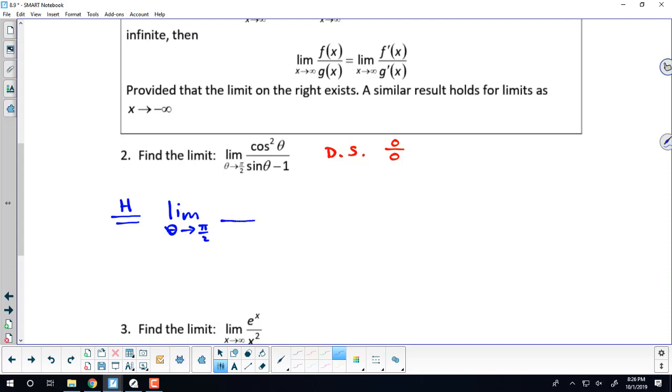We take the derivative of the top. What's the derivative of cosine squared? 2 cosine theta sine theta. So the derivative of cosine squared is 2 cosine times sine. Derivative of sine is cosine. Derivative of -1 is 0.